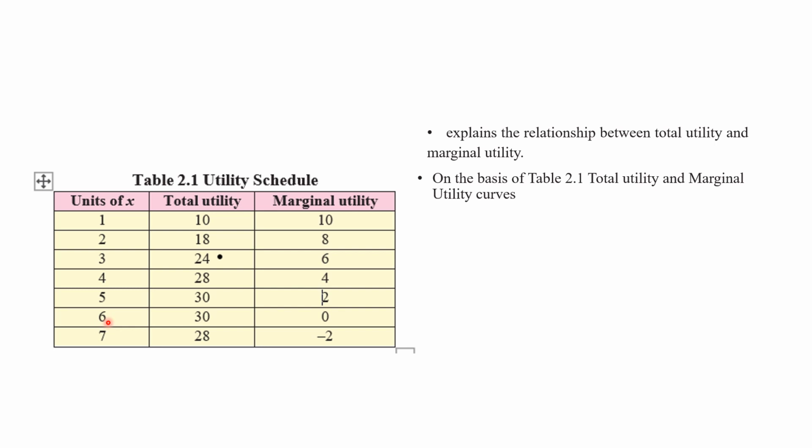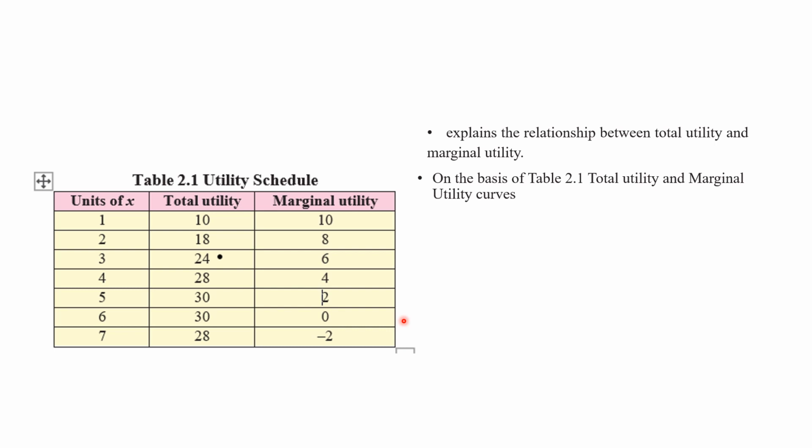Now, at the sixth apple, at the time of consuming six apples, the total utility is still 30, but there is no addition made, because at this point I got the maximum satisfaction. It means my stomach got full. I can't eat anymore, because the satisfaction is finished.